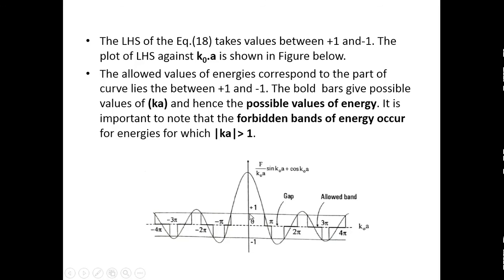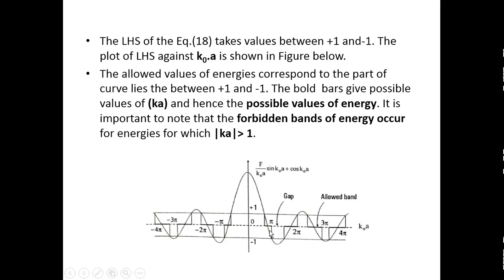If the value is more than 1, that is the forbidden band of energy. And the allowed energy bands always lie between plus 1 and minus 1, shown here.